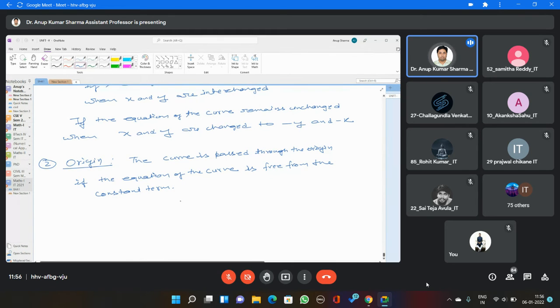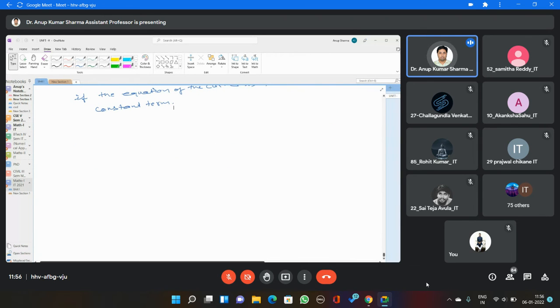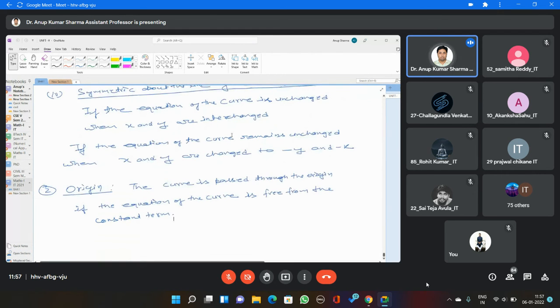The origin is a very important point. Next, at the origin, what do we think? Is there any tangent at the origin? These things we study at the origin. So this is the one.